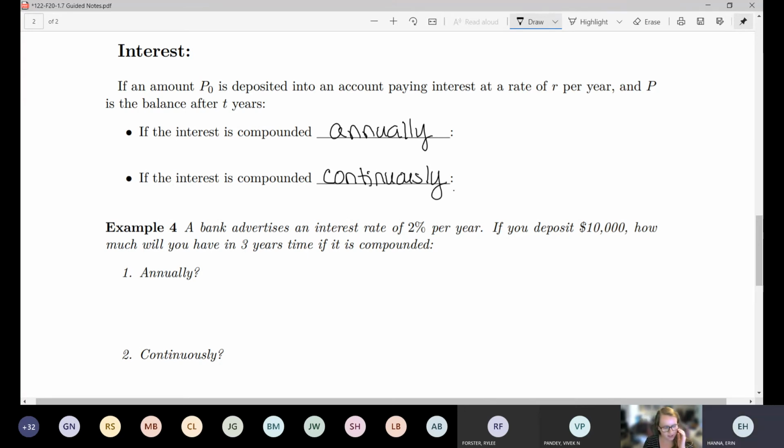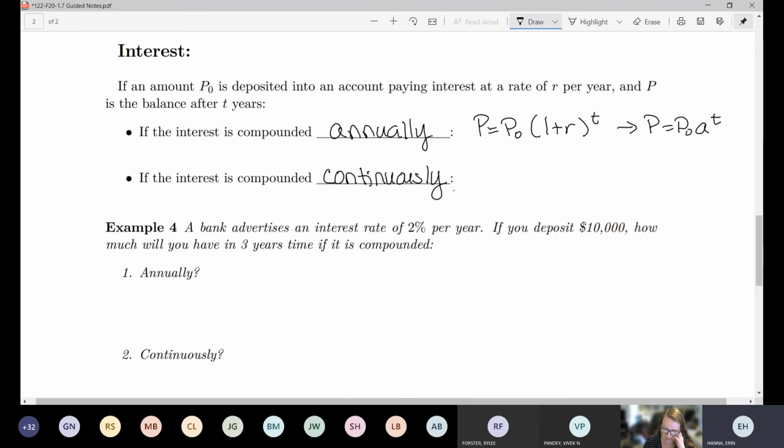So here's the equation you're going to use if the interest is compounded annually. The initial value you put in, P naught, times (1 plus r) to the t, which looks suspiciously like this, because it essentially is.